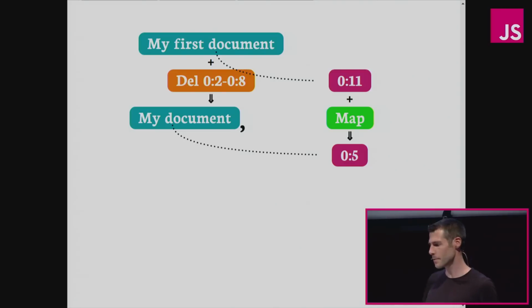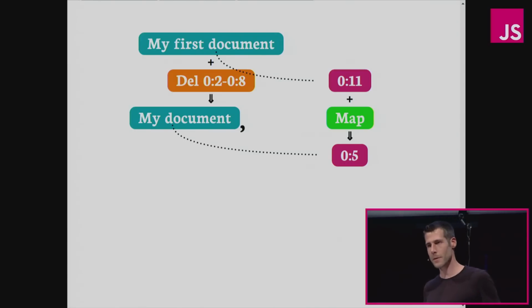So, for example, if we had, beyond this delete operation, another change object saying insert a character at position 11, we can now say that same change, but applied to the second document, is insert the same character at position 5.